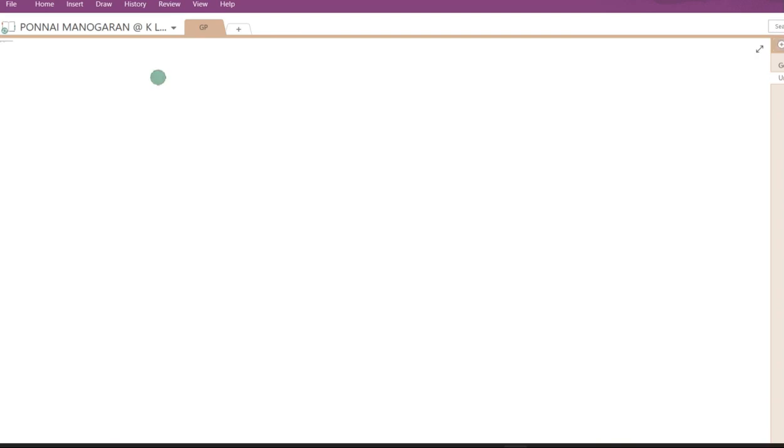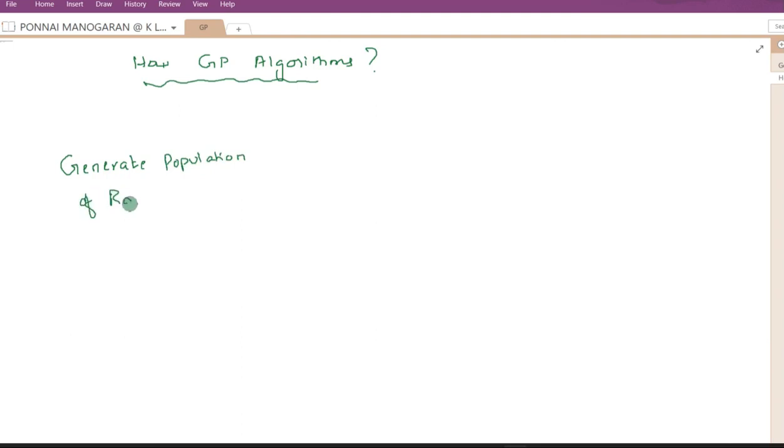So let us see how the GP algorithm works. It's very simple. It is just like a genetic algorithm. Here also you will start by generating a population of random programs.